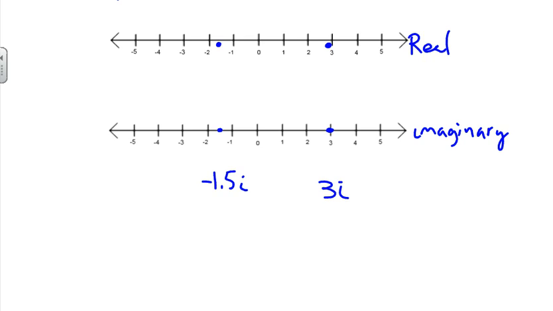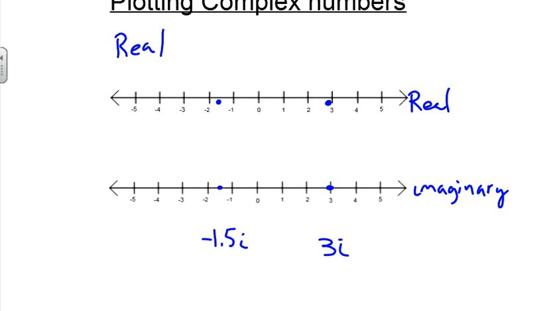Well, what if I wanted to plot a complex number that had both a real component and an imaginary component? How would that look? Well, our plan is to take the two number lines and merge them into one. But the problem is, since they're both horizontal at this point, that would be confusing.